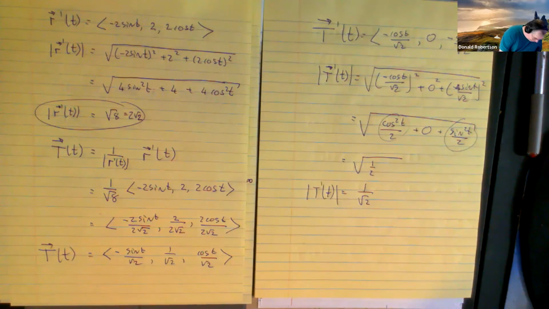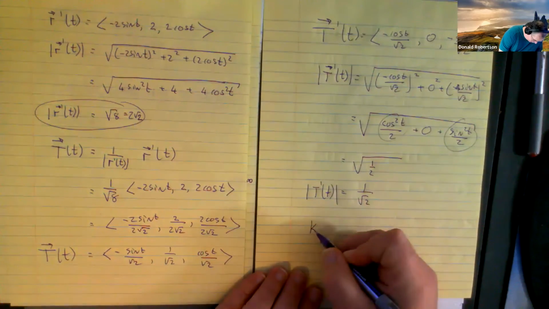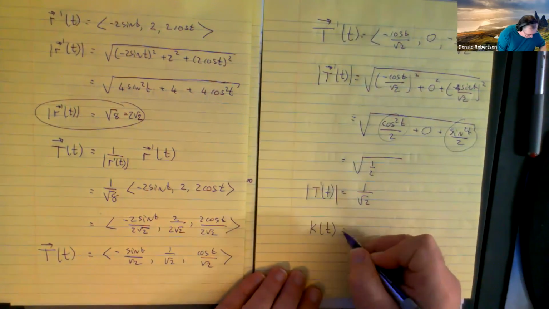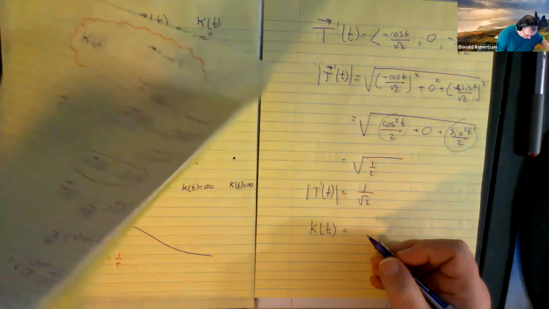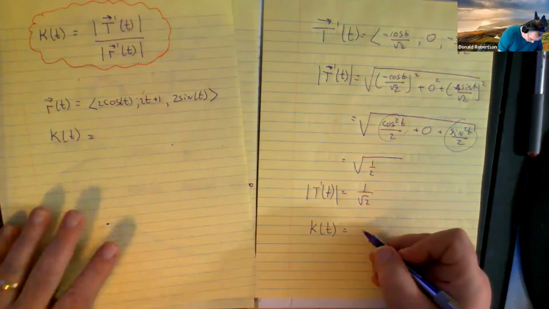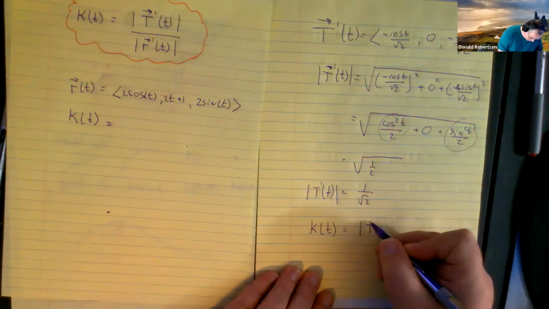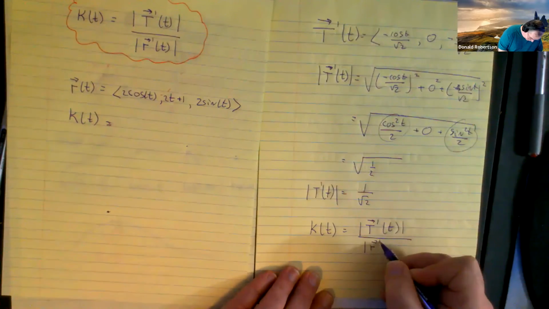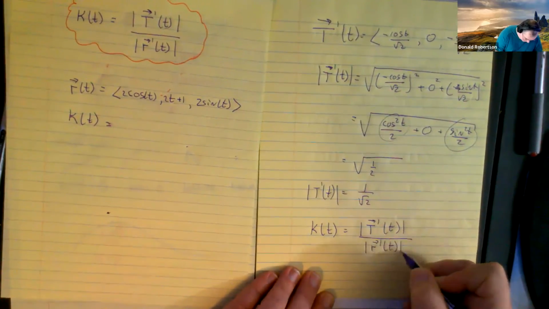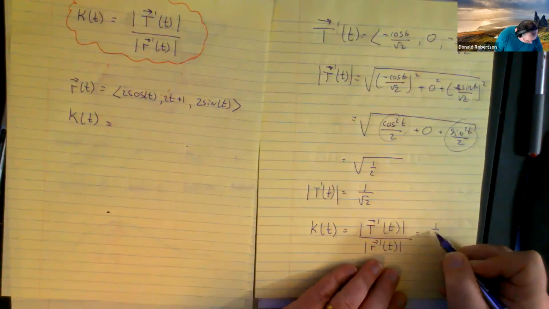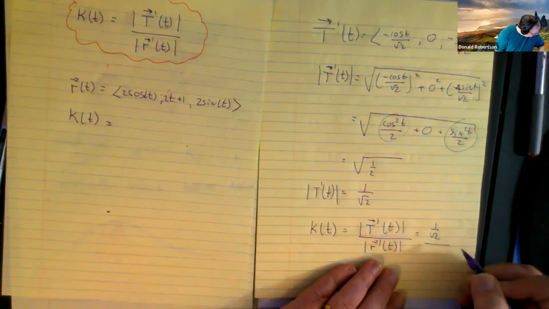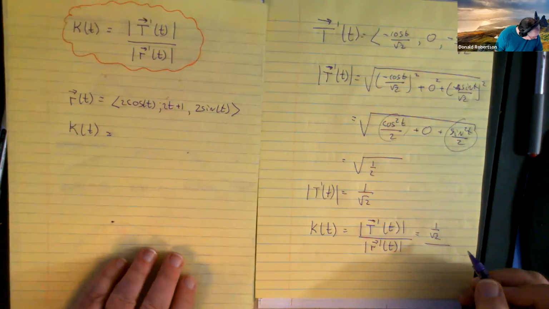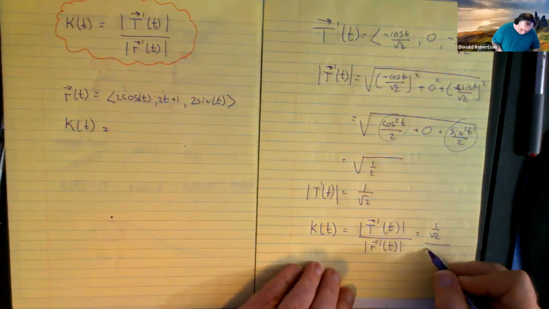Okay, curvature. The curvature is the magnitude of the derivative of the unit tangent vector divided by the magnitude of the first derivative. And it's a 1 over root 2 and a 2 over root 2.